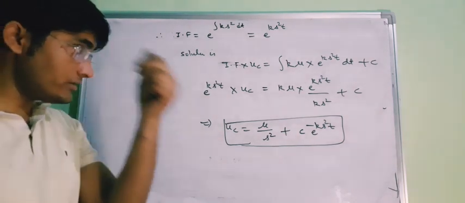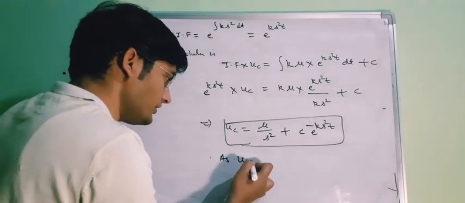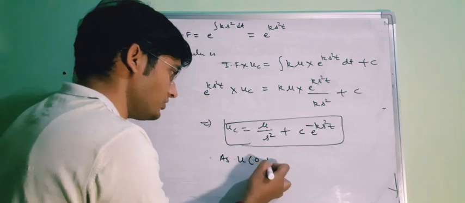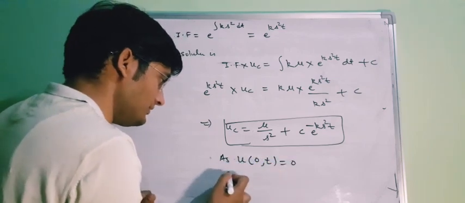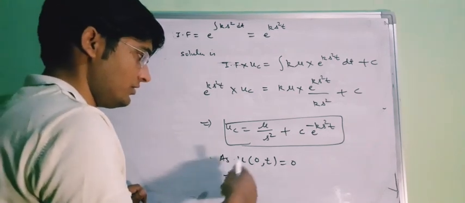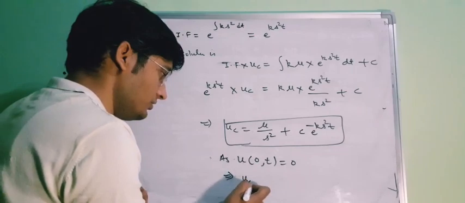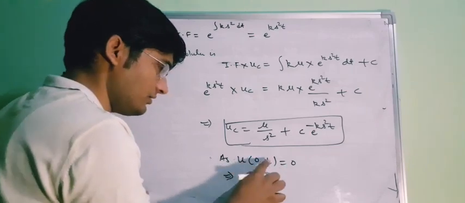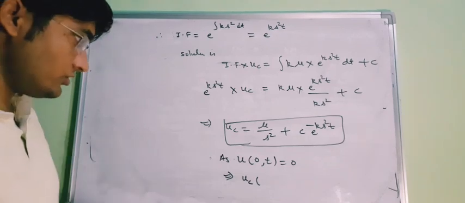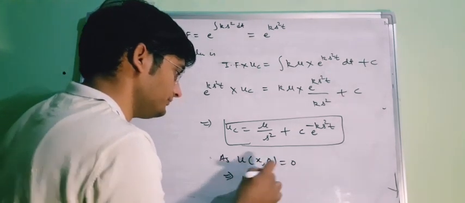Now let us find out this c, as the value of the function u is 0 at t equal to 0. So that means on applying the Fourier cosine transformation, the value of u is 0 when t is 0.